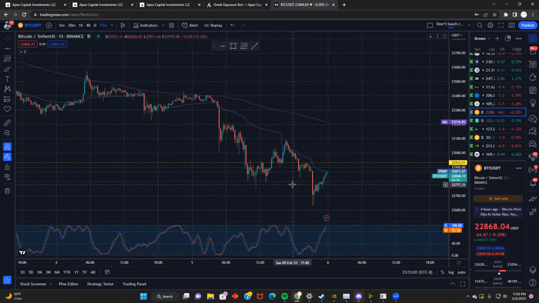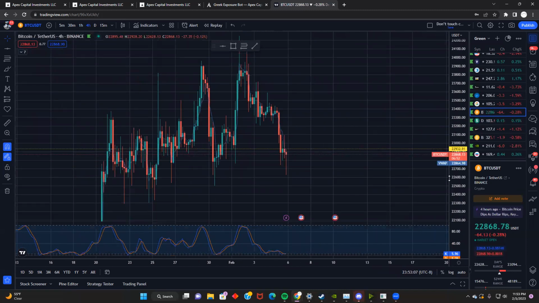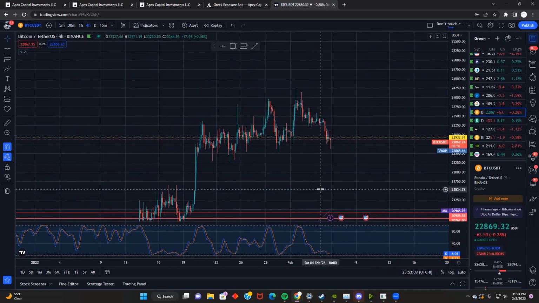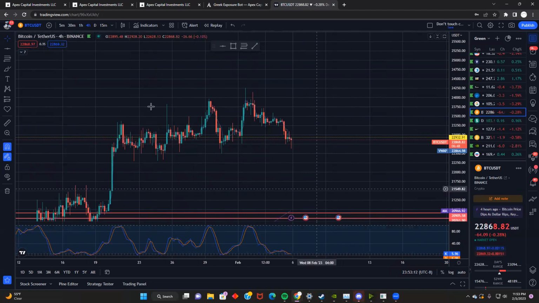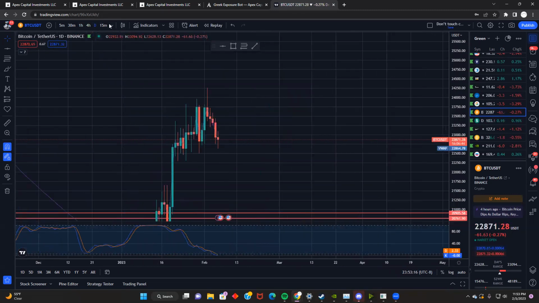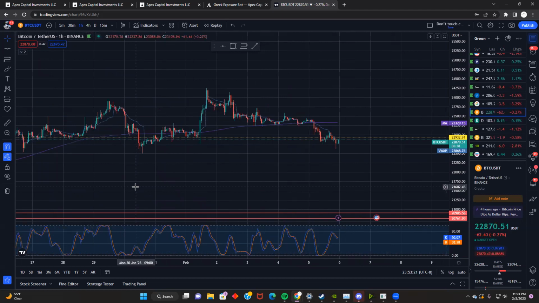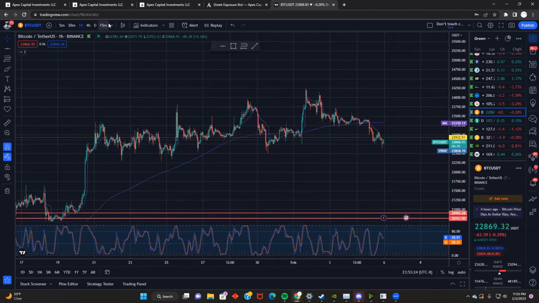I obviously don't like how it's trading right now. The price action is pretty bad, but I do see the range that it's in. It's in a pretty big range, but I'm trying to see if I can get it much cleaner. That's a pretty big range. Wow.